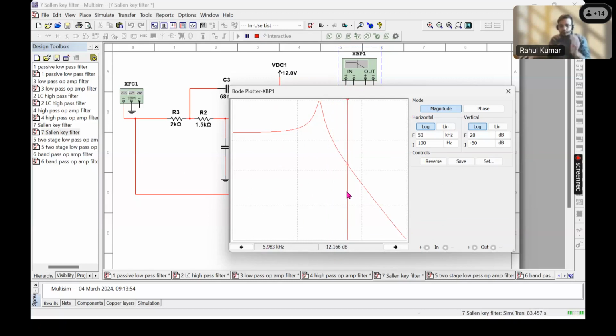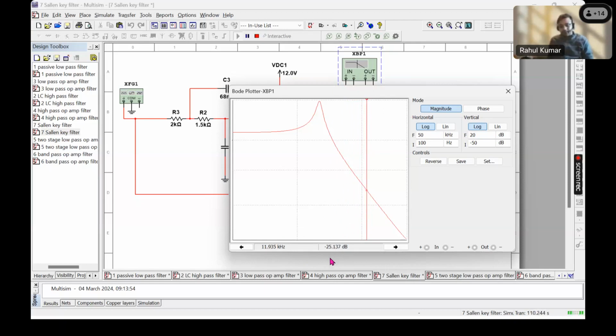So if we go one octave, so double of that frequency will be 12 kilohertz. Okay. From 6 to 12, if we go down, the gain is minus 25.